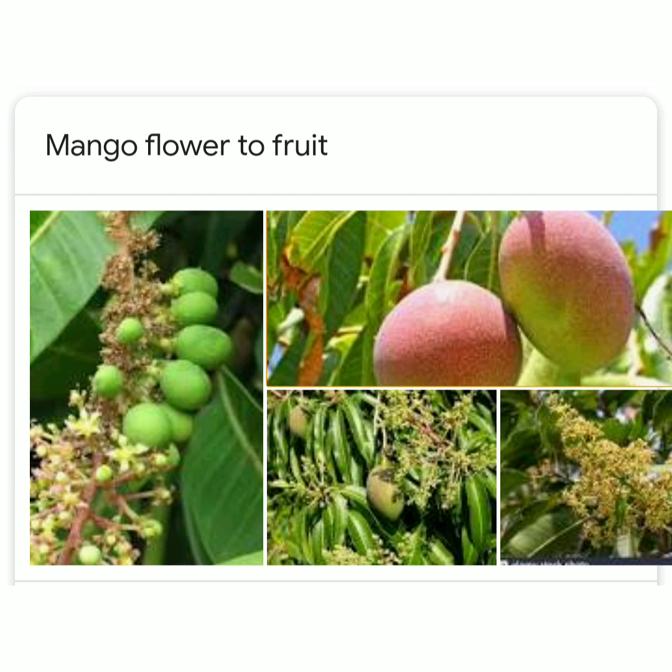Inflorescence means clusters. Many flowers are seen in this inflorescence. Each flower has an ovary and after fertilization each flower develops into a fruit. So one flower develops into one fruit.